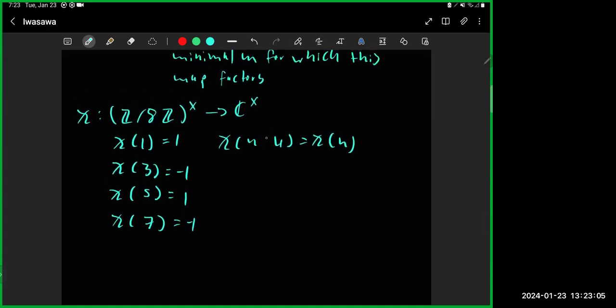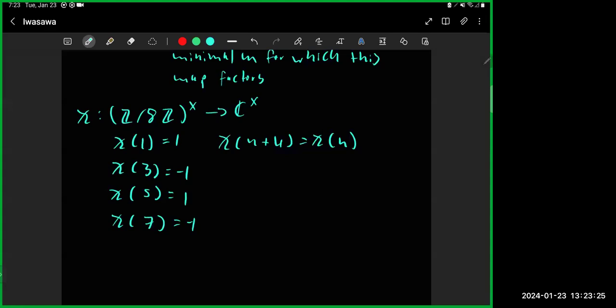So this is the idea of a conductor. It's the minimal n that eliminates as much redundancy in the character as possible. So instead of considering this as a character mod 8, we might as well just consider it a character mod 4, and that works just as well.